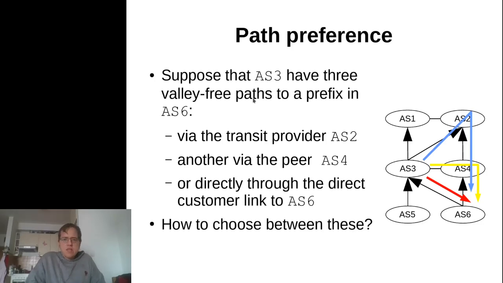And finally, let's just try to refine this model that we get with valley-free routing a little bit more. Valley-free routing basically gives us the idea of which are the paths that are made available to a particular autonomous system by the rest of the internet.